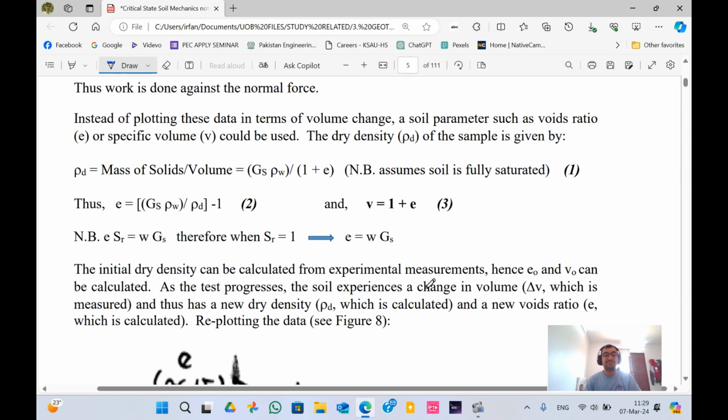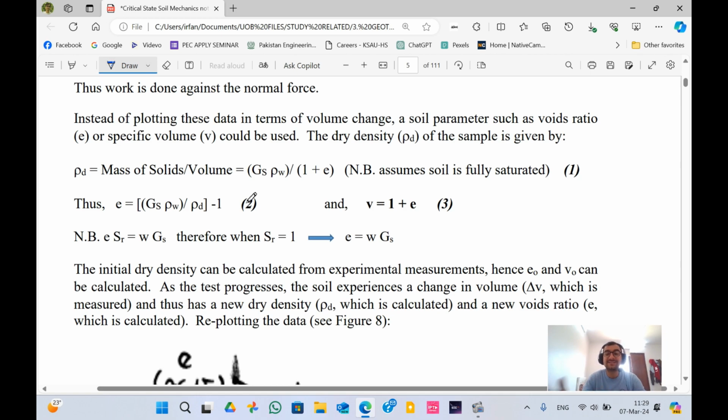Instead of plotting these data in terms of volume change, a soil parameter such as void ratio, a term which we have also studied in bachelor engineering, or specific volume, which we have also studied, could be used. The dry density of the sample is given by this. See, density is basically mass per unit volume.